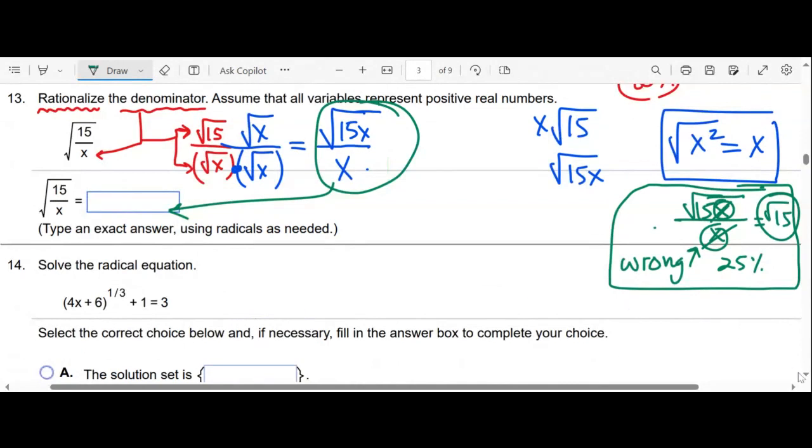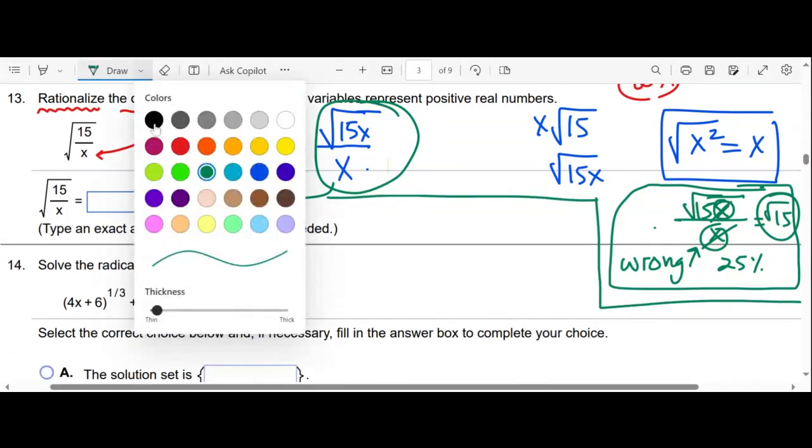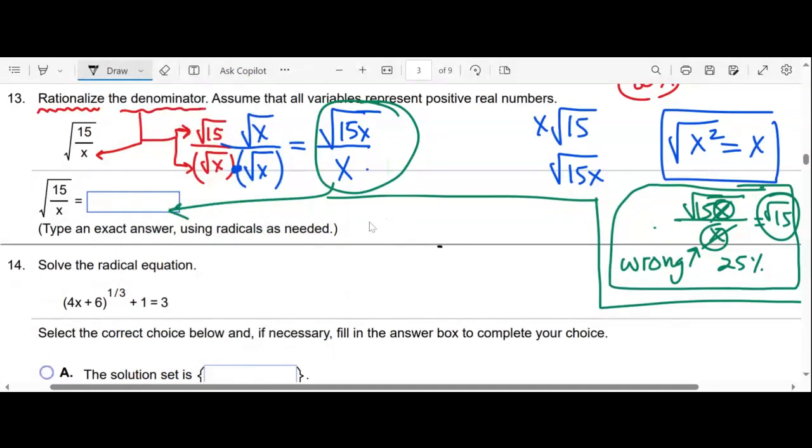Okay, question number 14. 4x plus 6, all to the power of 1 over 3. Okay, the question comes here. If I say x to the power of 1 over 3, what does it mean? No, not square root, cube root of x.